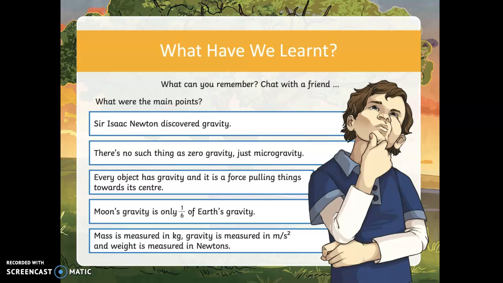Every object that has a mass has gravity, and it is a force that pulls things towards its centre. The moon's gravity is a sixth of that of the Earth. Mass is measured in kilograms, gravity is measured in meters per second squared, and weight is measured in newtons. And we've also found out our own weight on Earth and also our own weight on the moon.